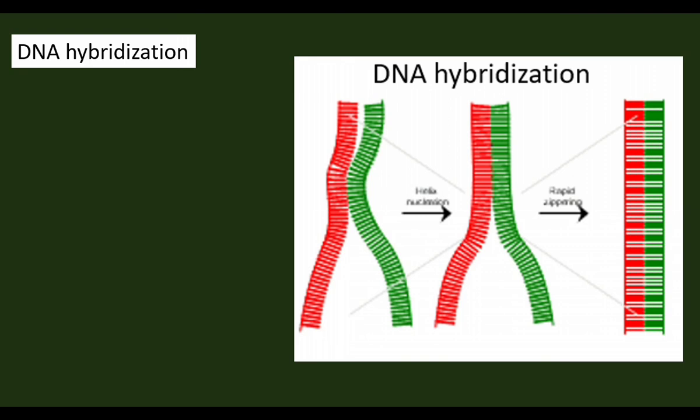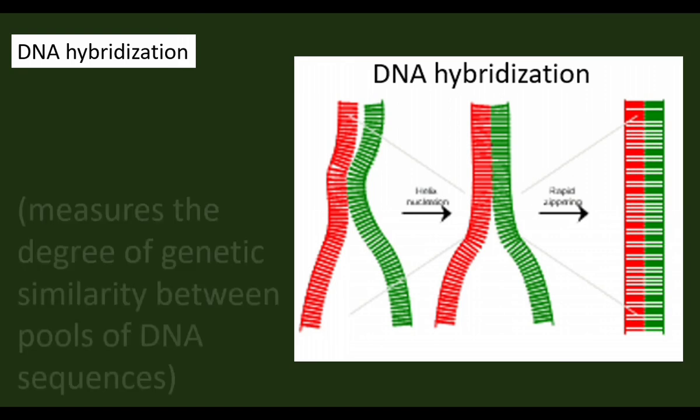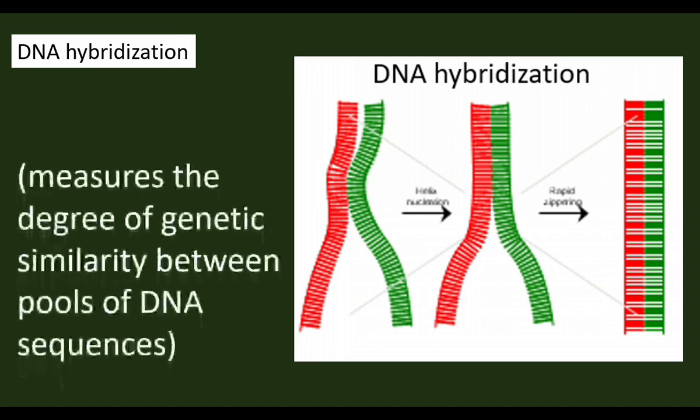When they are less similar, they do not combine well. This technique is used to measure the degree of genetic similarity between pools of DNA sequences. Genetic similarities between collections of DNAs can be determined by the DNA hybridization method.